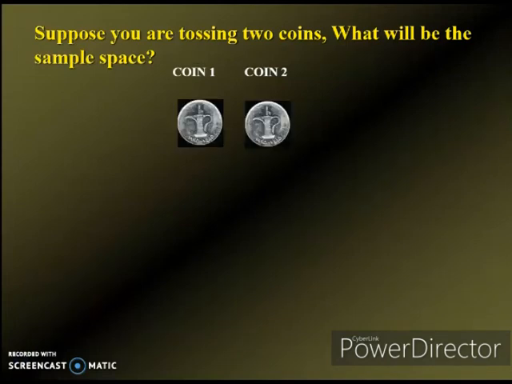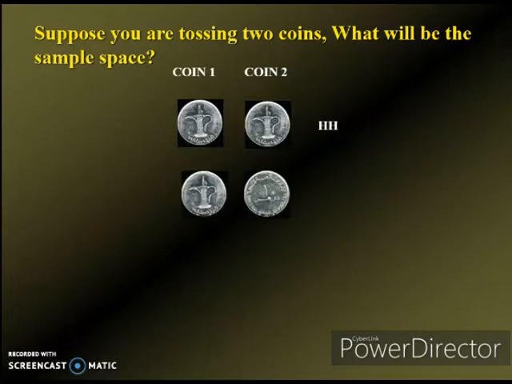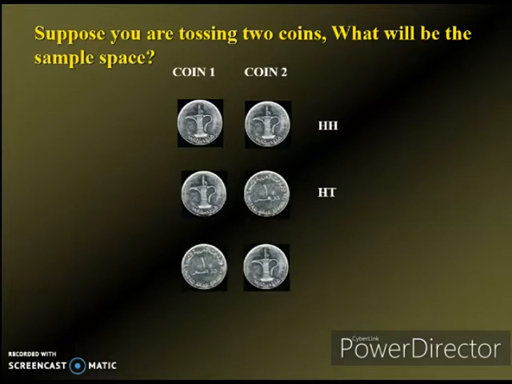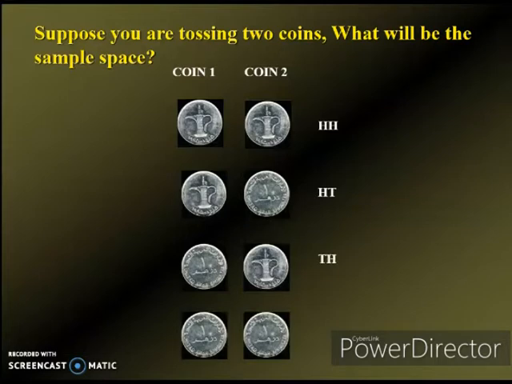You may get a head in coin 1 and a head in coin 2. The next option is a head in coin 1 and a tail in coin 2. The other option is a tail in coin 1 and a head in coin 2. The next option is a tail in coin 1 and a tail in coin 2.